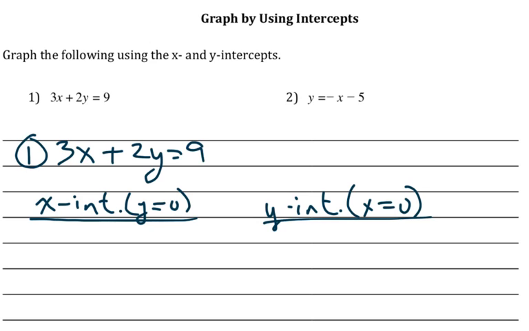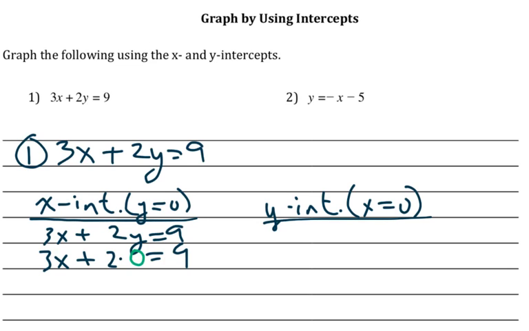But if I look at the original equation and rewrite it below here, here's 3x plus 2y equals 9, and I'm going to plug in a value of 0 for y. So here's 2 times 0 equals 9.